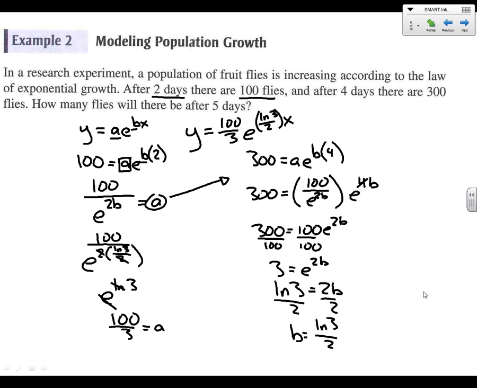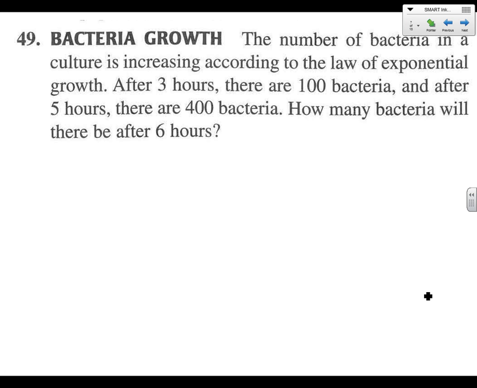We could then go ahead and plug 5 in for x, and we're going to end up with about 520 fruit flies after 5 days if we plug it in. All right, so that's the key: 2 equations for 2 variables. Go ahead and see if you can do the exact same thing on problem 49.